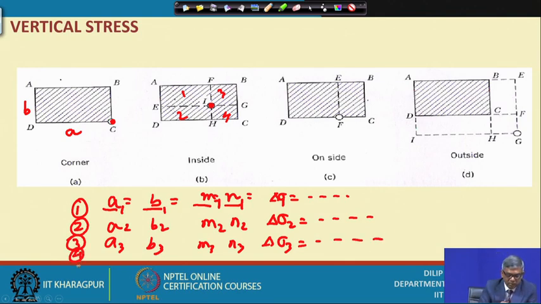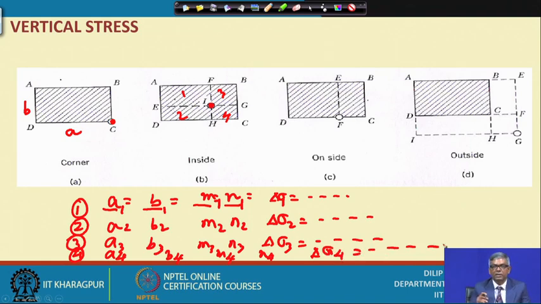Similarly, for the fourth one: A4, B4, M4, N4, and then delta sigma 4 using the corner formula. That means independently I now have 4 rectangles, I have applied the corner formula 4 times, and I have got 4 values: delta sigma 1, 2, 3 and 4.